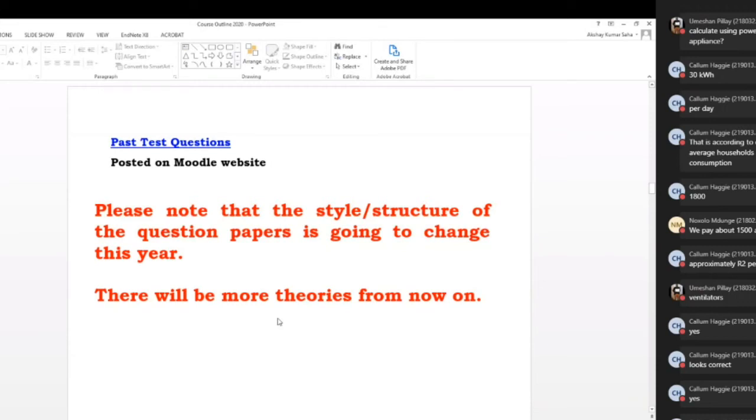Now let me go to the next slide. Past test questions. I have put questions on the Moodle website already, so you can check it from there and you'll get some idea how the questions are. This year we will have more theories on the question paper that you should expect. The reason is that the scenario is changed. You were writing tests in the classroom or in the exam halls.